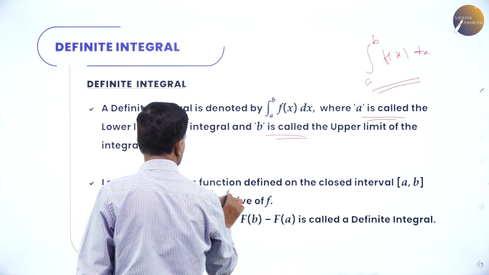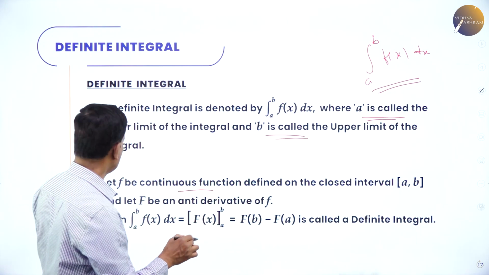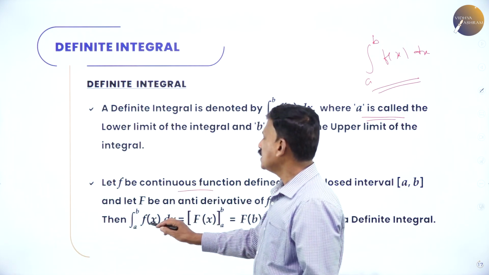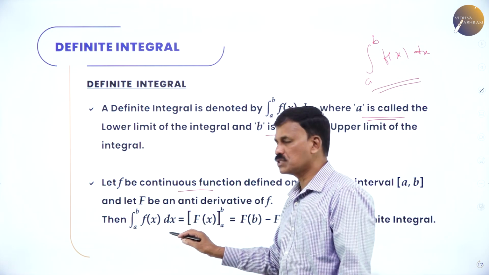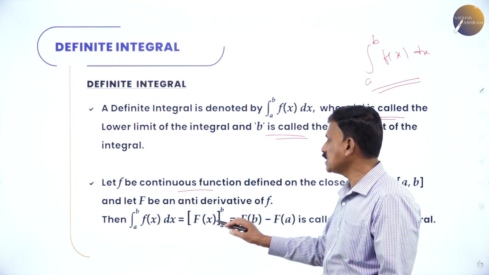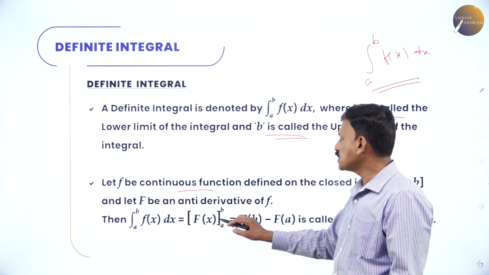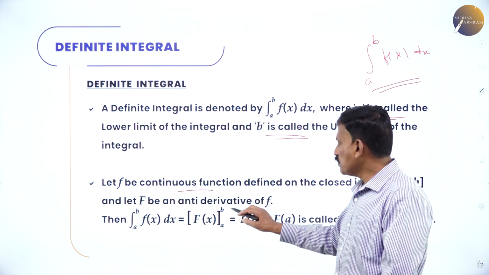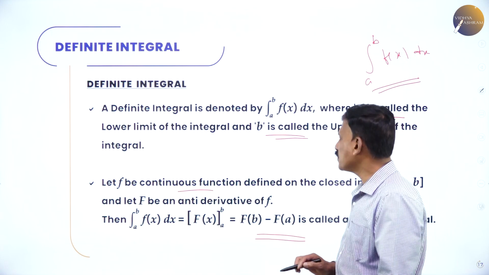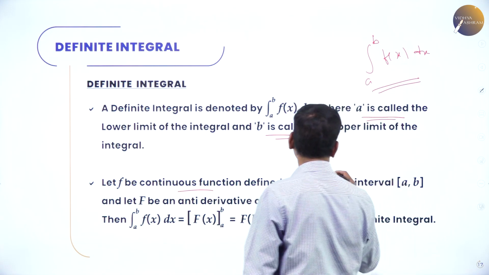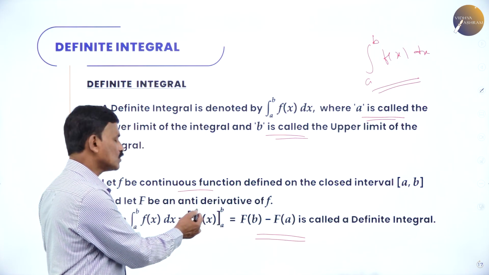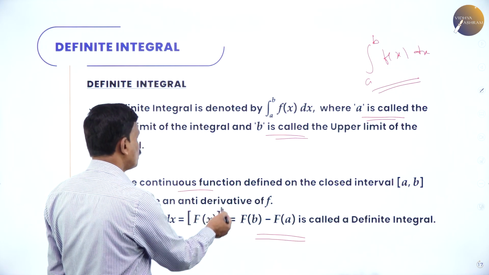Suppose f is a continuous function defined on the closed interval a comma b, and let capital F be the antiderivative of f. Then the integral of a to b f of x dx is equal to capital F of x between limits a to b.